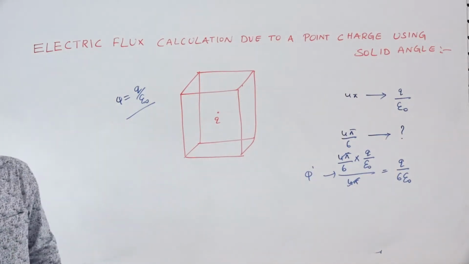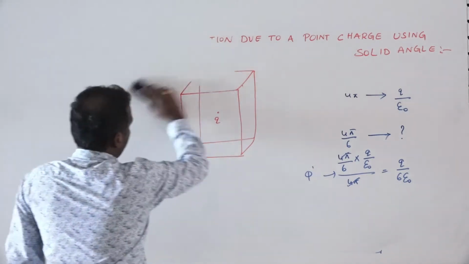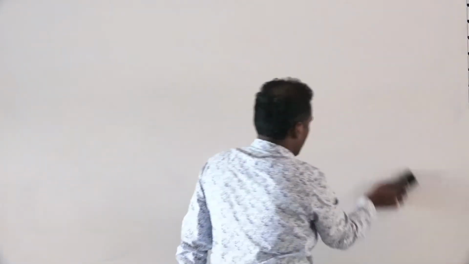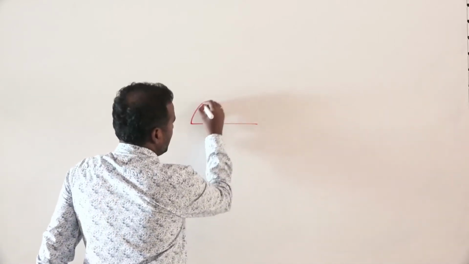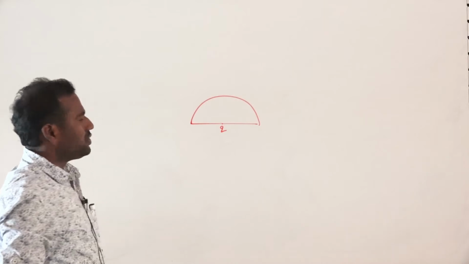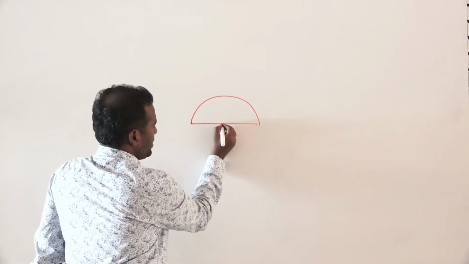Now we will enter into the concept of Gauss law. Before discussing Gauss law, I will take one more example of flux. If you consider a hemisphere, a closed hemisphere, which has a charge just outside the closed hemisphere, the charge is present over here, just outside the center.